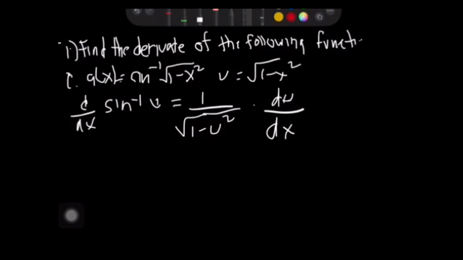So our u here is the square root of 1 minus x squared. Now try to pause the video and copy that formula.